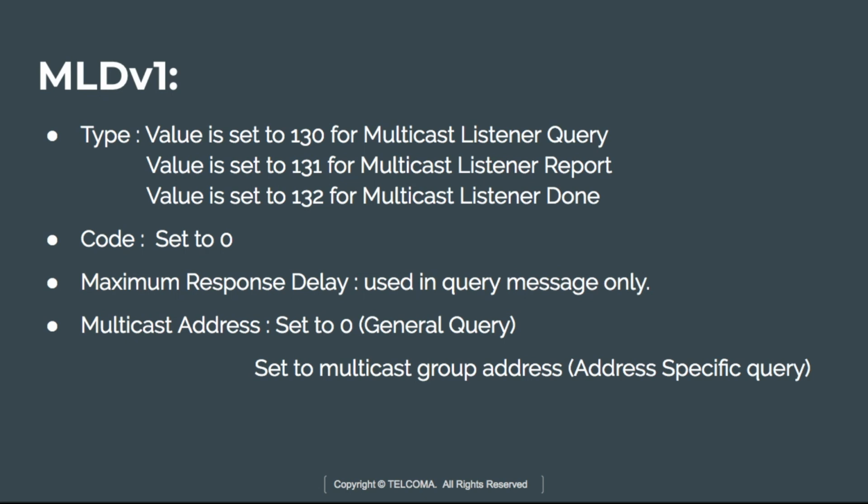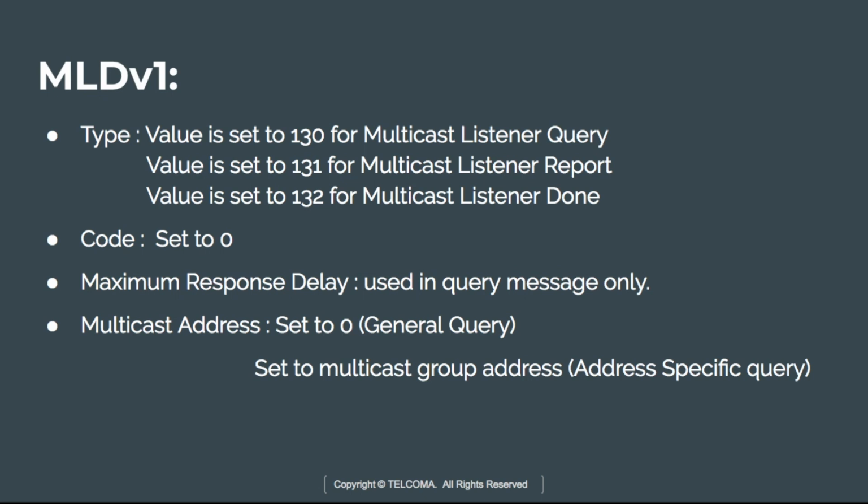So there are two queries, one is the general query and another one is the address specific query. A general query finds out the multicast addresses of listeners present over the link, and an address specific query finds out the members of a specific multicast address over a link.